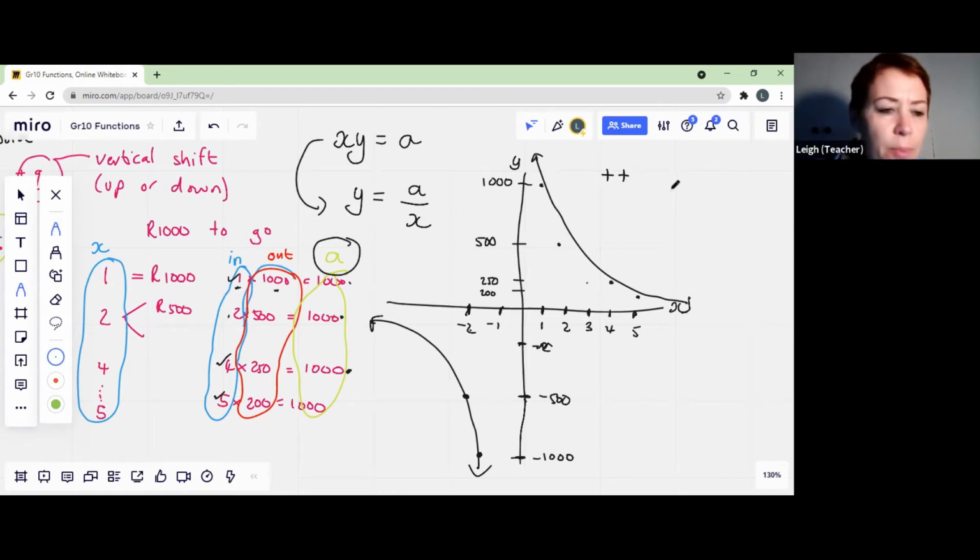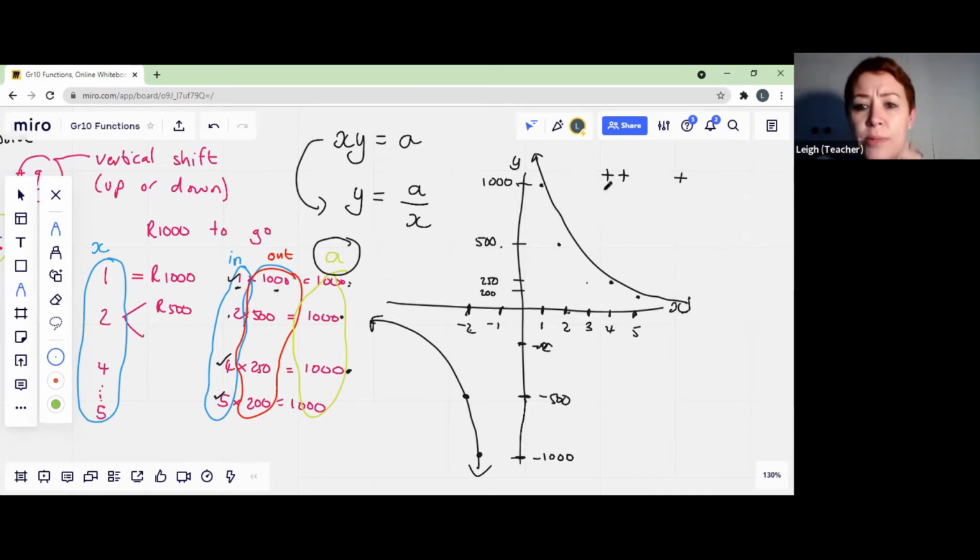A positive times a positive gives us a positive. Quite right. Absolutely. So can you see positive 1 times positive 1,000 is positive 1,000, and positive 2 times positive 500 was positive 1,000, and positive 4 times positive 250 was positive 1,000.